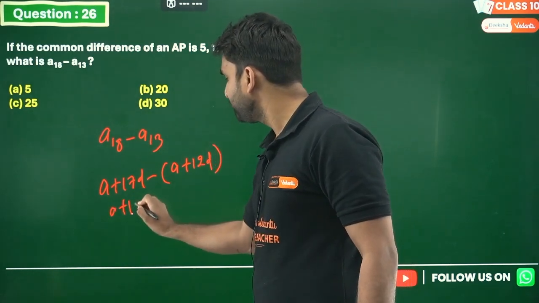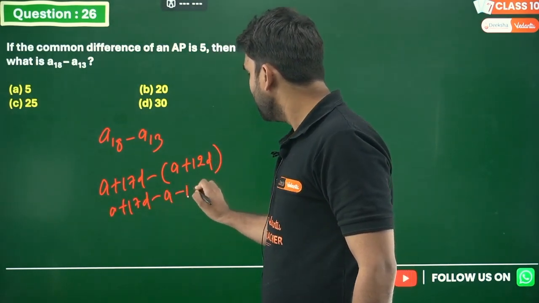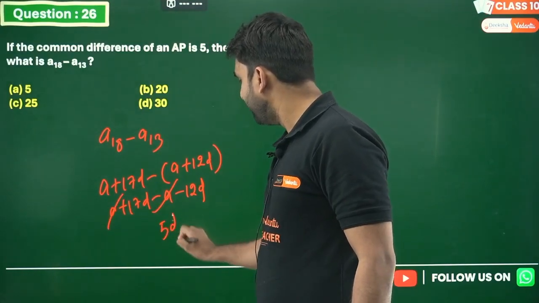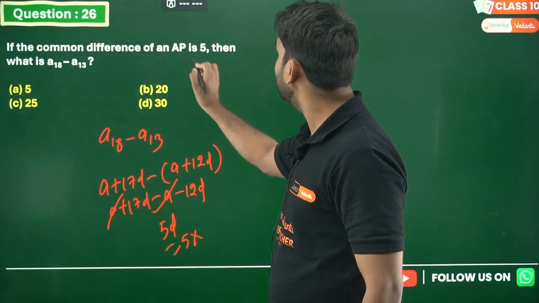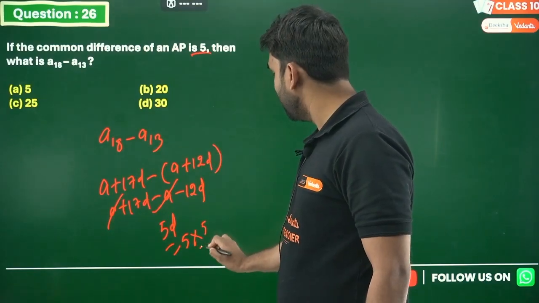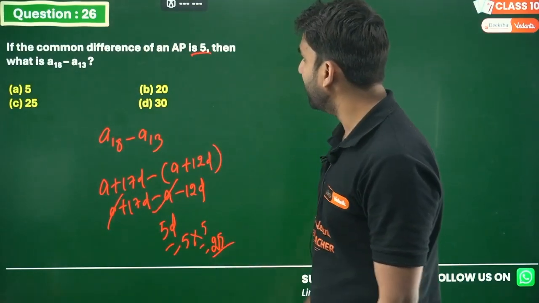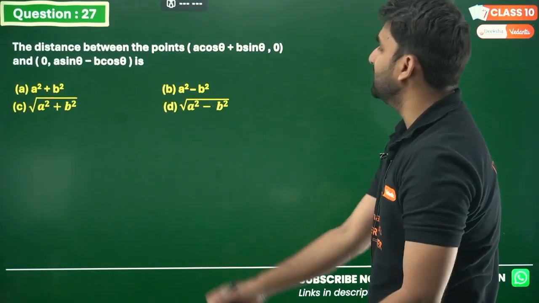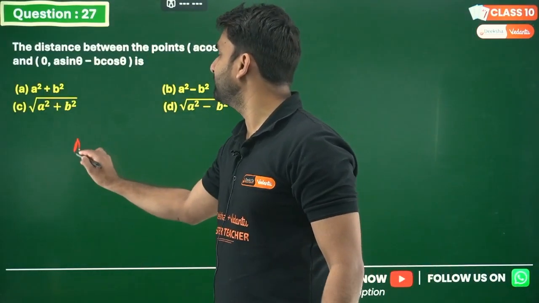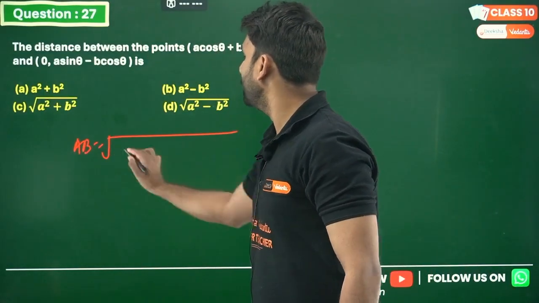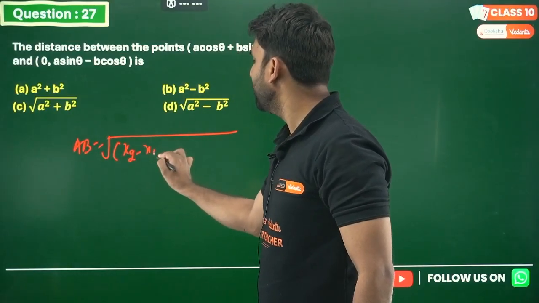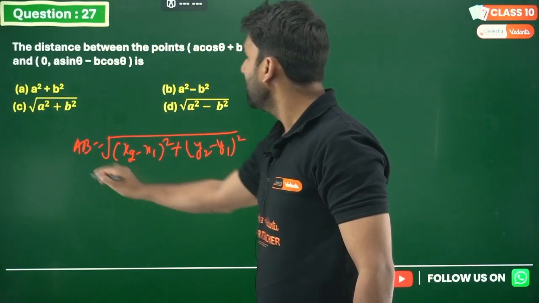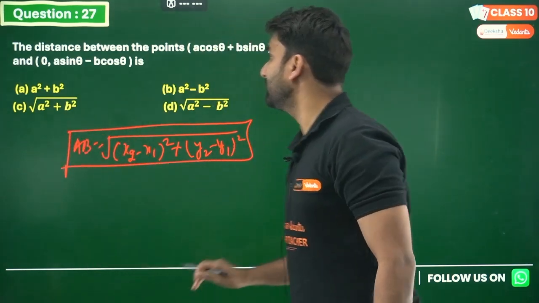So A plus 17D minus A minus 12D, A will cancel, 17D minus 12D will be 5D, and D is already given there, the common difference is 5. 5 into 5 will be 25, so the value will be 25. The distance between the points, so we have to apply the distance formula. AB equals under root x2 minus x1 whole square plus y2 minus y1 whole square. By using this formula you can get the result.